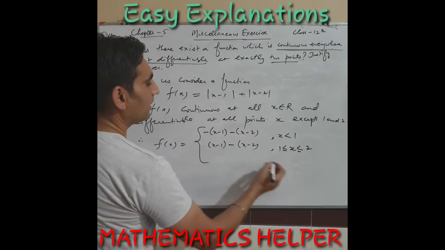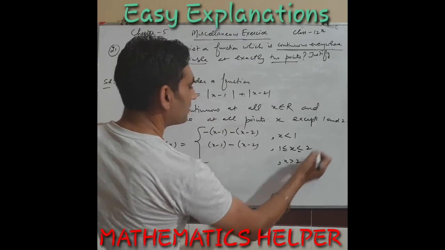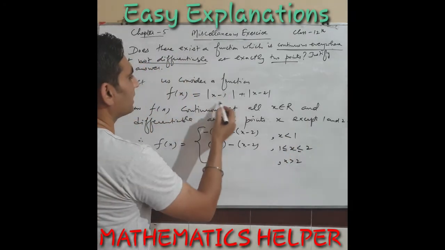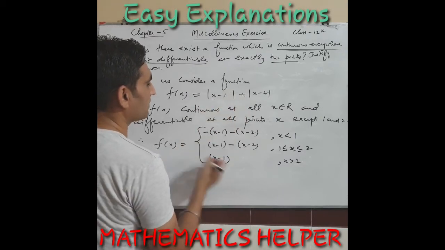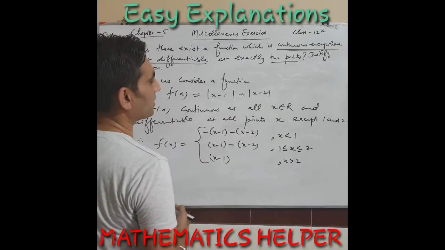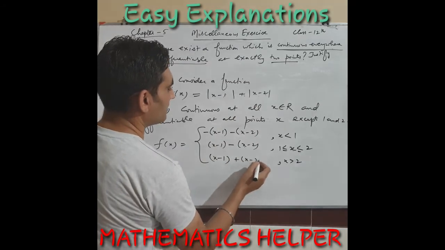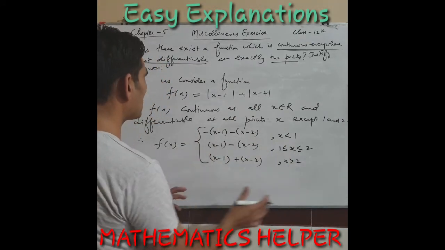Now third, if your number is greater than 2, then it will give a positive answer. So only x - 1 will be there. It will also be positive, so plus (x - 2) as it is. So we have this part.